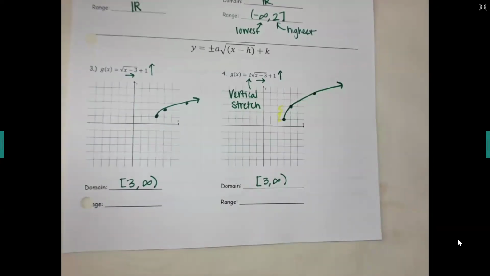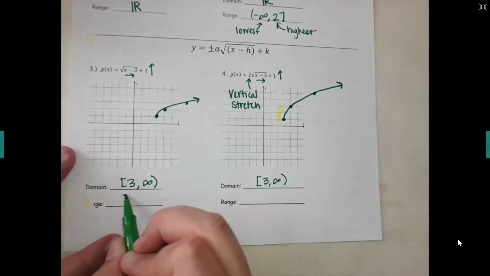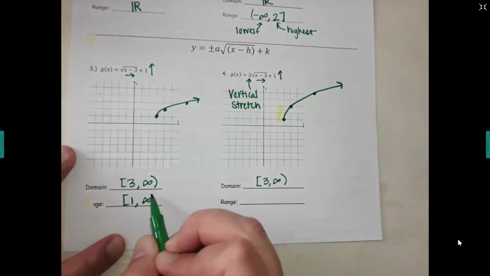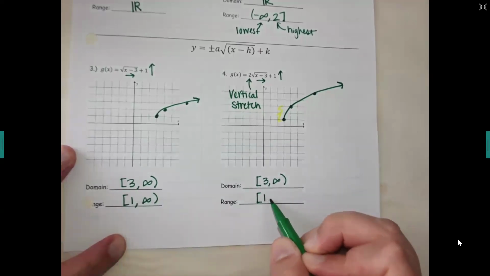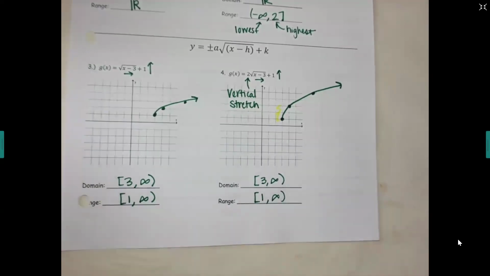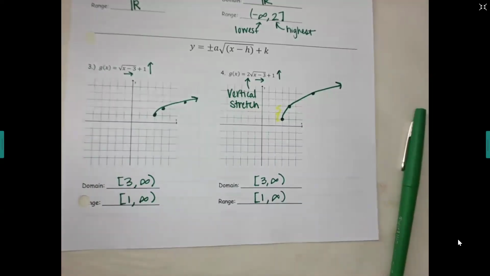How low is it? 1. And notice that it doesn't matter if your hook's steeper or flatter, since they're both starting in the same place. So with a vertical stretch, you adjust the distance up. The 1, 3 jumps stay the same. Go ahead and turn the page when you're ready.